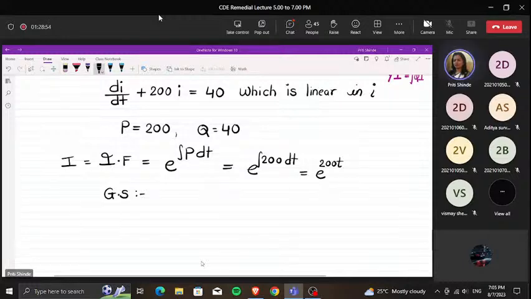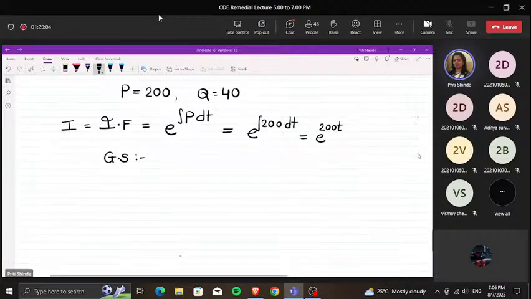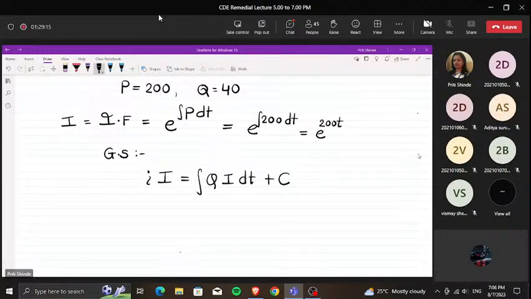It's very simple. If it is linear in y, y into integrating factor. Linear in x, x into integrating factor. Here it is linear in i, so the general solution is i into integrating factor is equal to integration of Q into integrating factor dt plus c.